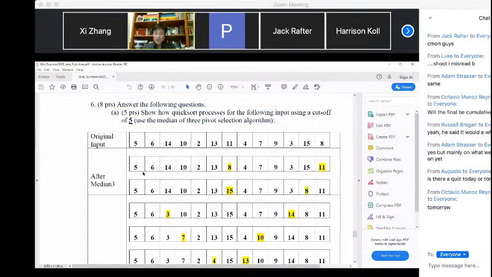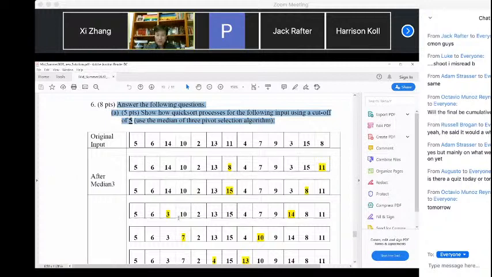I will start from this problem because maybe 1/3 of students, more than half of students, did very well. They have a full understanding of the quicksort algorithm. Maybe 10%, 15% understand the algorithm but made a minor mistake, like forgetting to swap to the A[i] at the end of the partitioning.